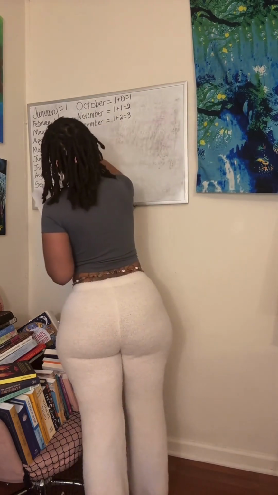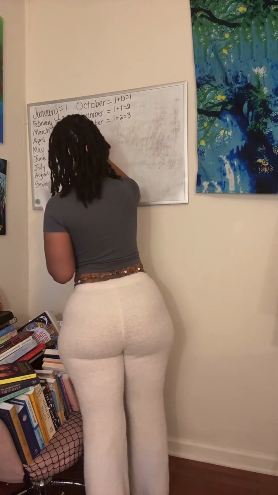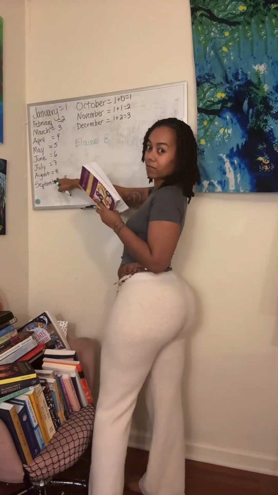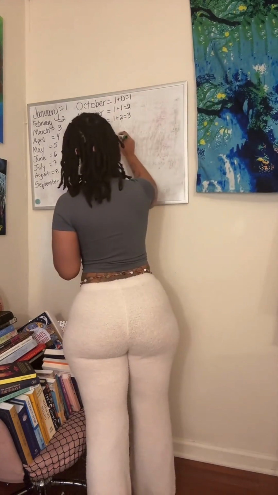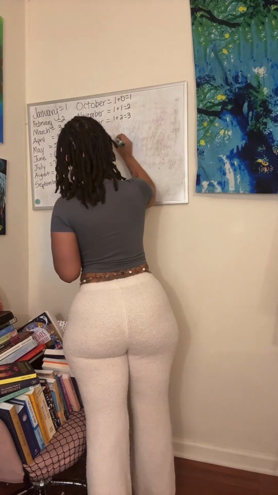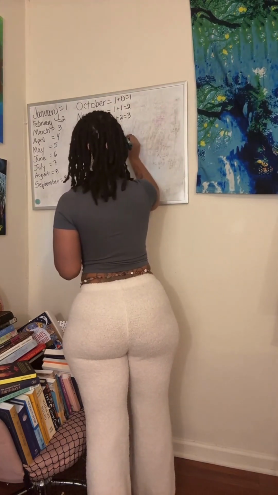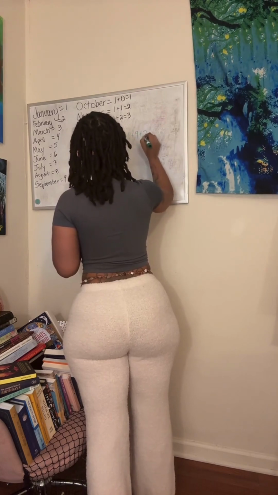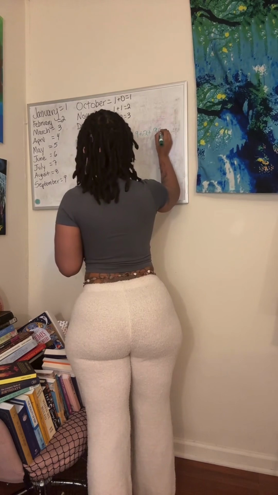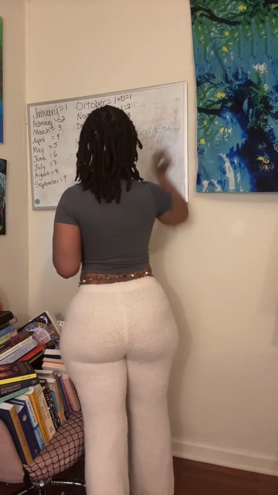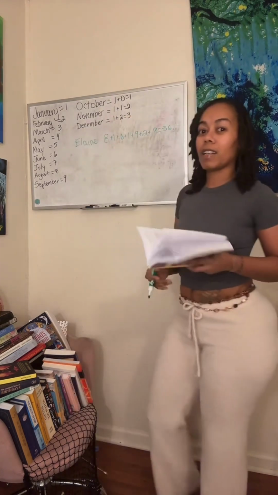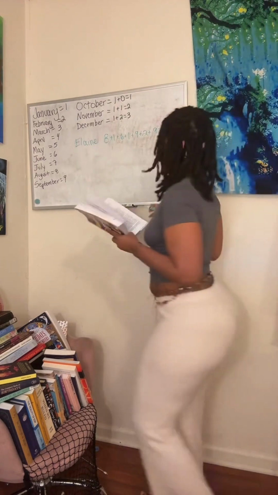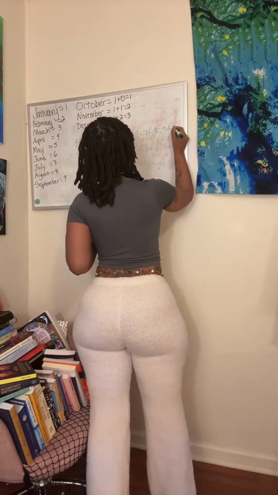So we got Elaine, August 8th, plus the 16th, plus 1, plus 6, plus 1929. 1 plus 9 plus 2 plus 9 equal 36. Now, because we're trying to get to one digit, we're going to add the 3 and the 6 together, and we're going to get 9.